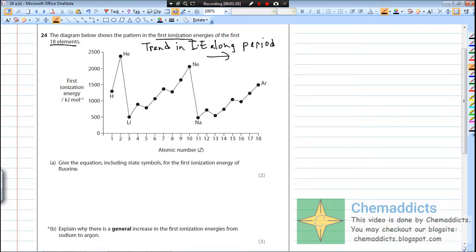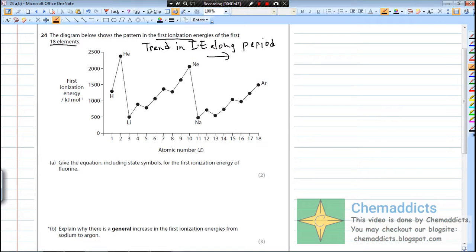Here, the ionization energy is on the y-axis, and on the x-axis is the atomic number. So by this we can be sure that this is the typical graph for the trend in ionization energy along the period, not down the group.